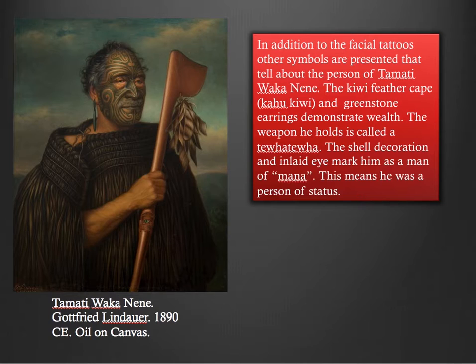If you can see it on there, there's a little shell decoration down at the bottom. It looks like an eye. And this marks him as a man of manna. We talked about that word before, and it kind of indicates status, importance, kind of like pride. It's hard for us to define that word.